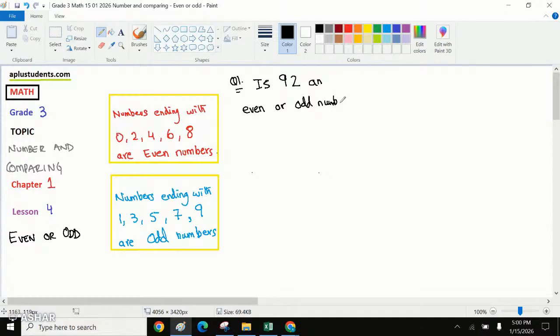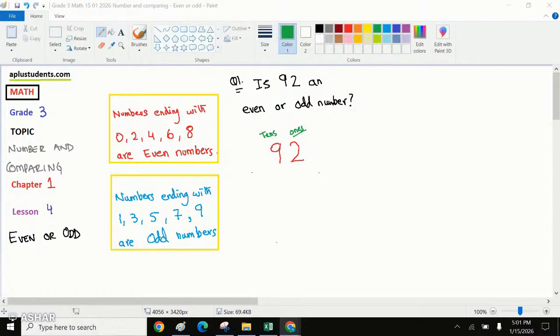So we need to find if 92 is even or odd. If we write 92, 9 is in the tens position and 2 is in the ones position, right? So we always look at the ones position.